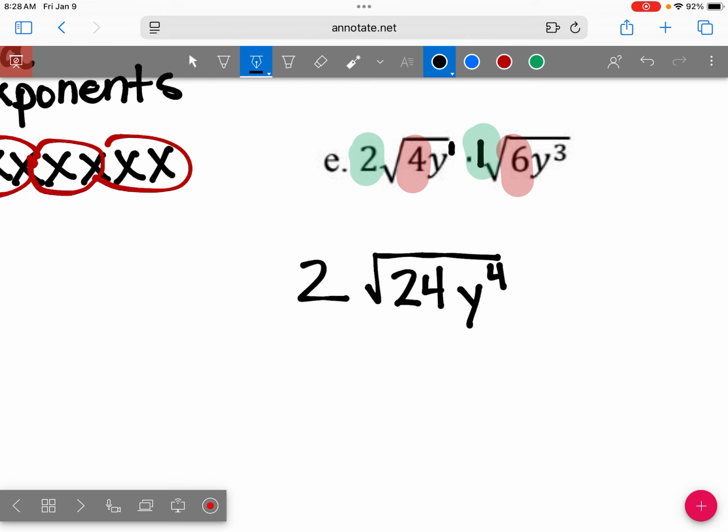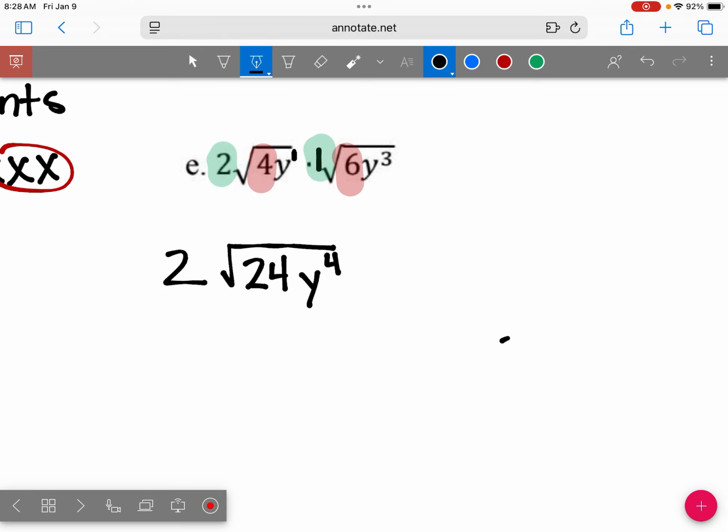All right, let's go ahead and build our cake. So with the 24, go ahead and build your cake. And then with the y's, circle your sets of twins.